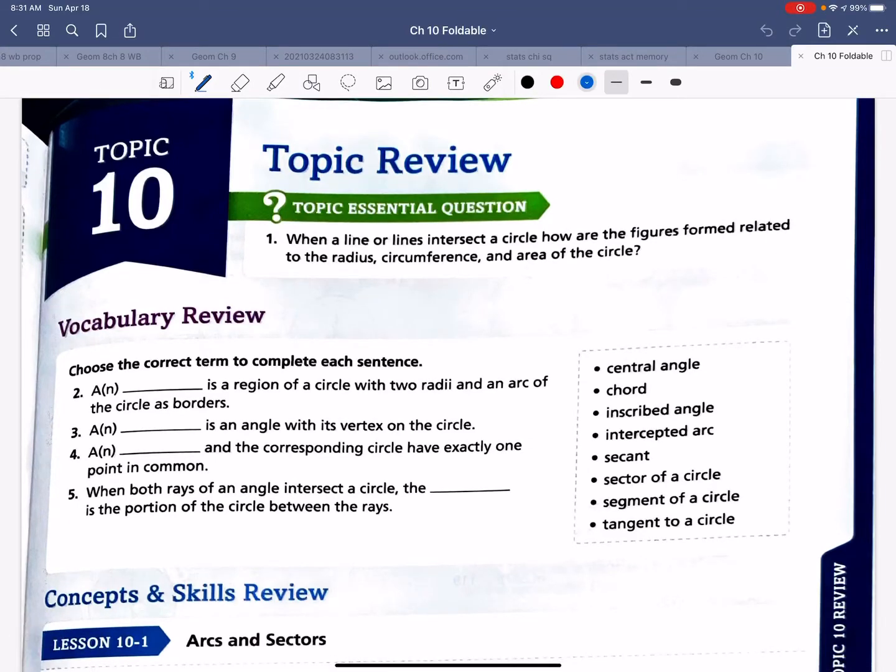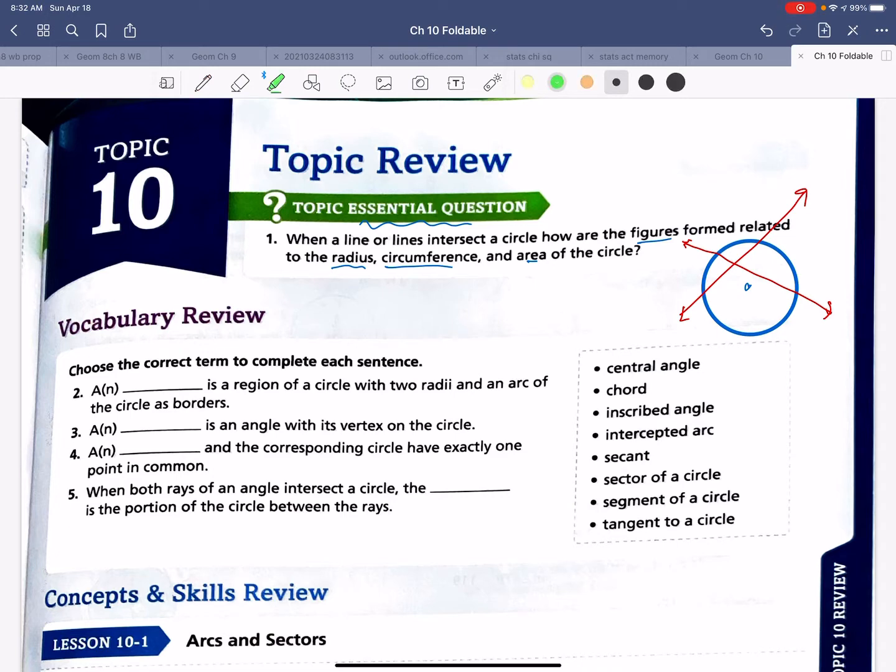Let's do it. The essential question says, when lines intersect a circle, how are the figures formed related to the radius, circumference, and area? So, when lines intersect a circle, how is it related to the radius, the circumference, and the area?